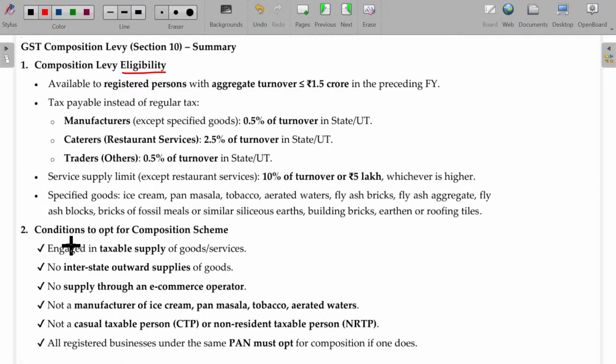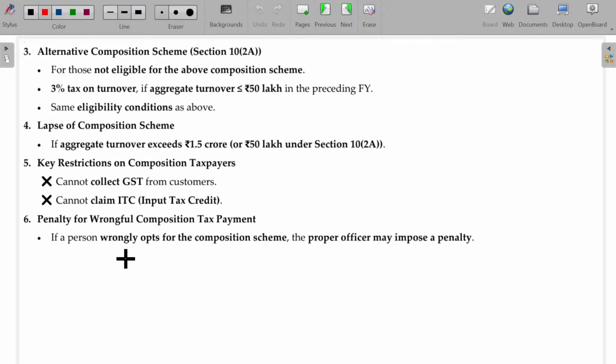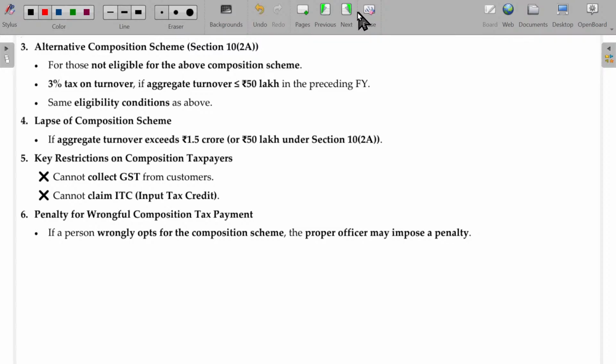Number two being conditions to adhere to for the composition scheme. Number three being alternative composition scheme. So only these three, first of all, you have to understand.